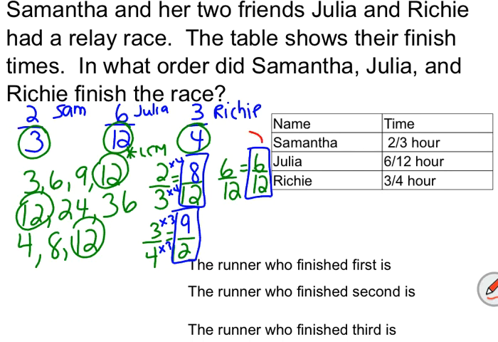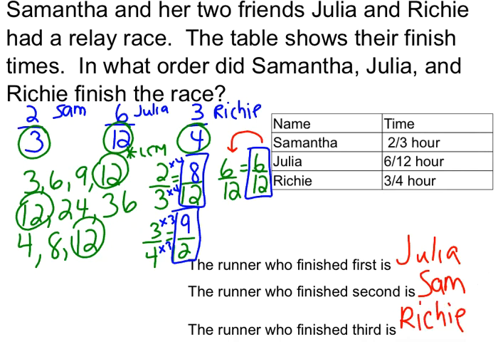So who's 6/12? That is Julia. So she goes first. Second place winner is 8/12. Who did 8/12? That is Sam. And last place we have Richie. So there you have it. We have put the runners in first place, second place, and third place.